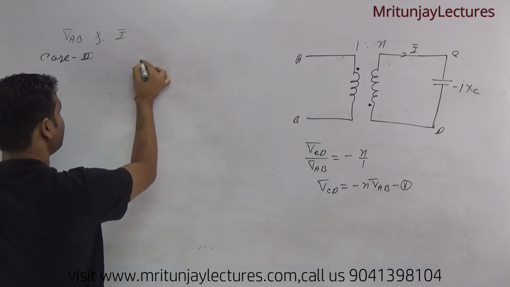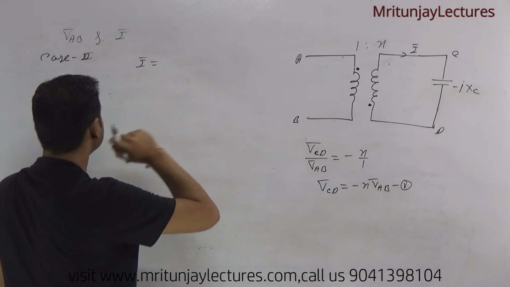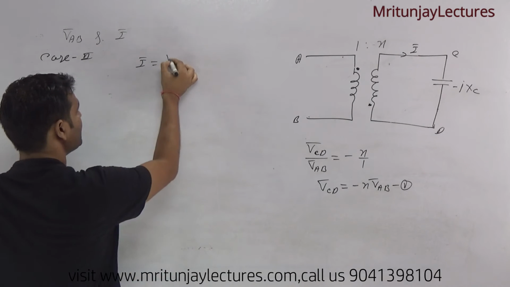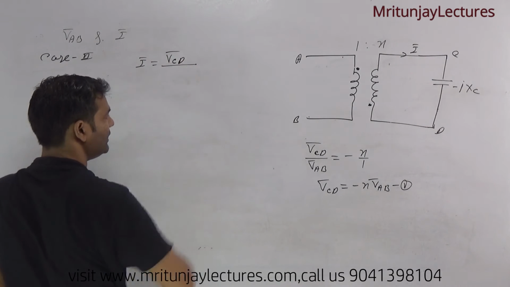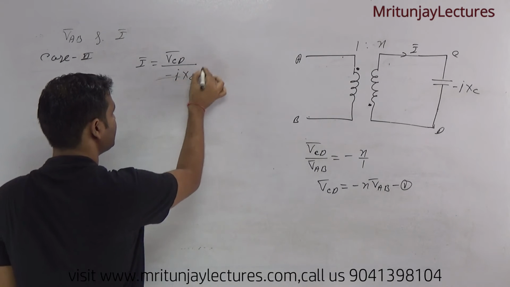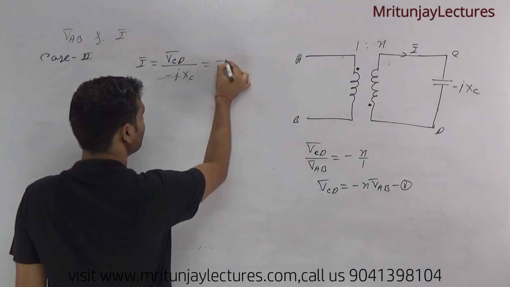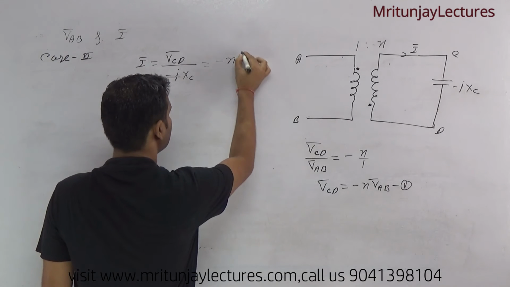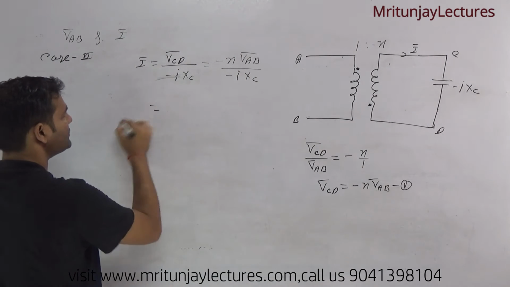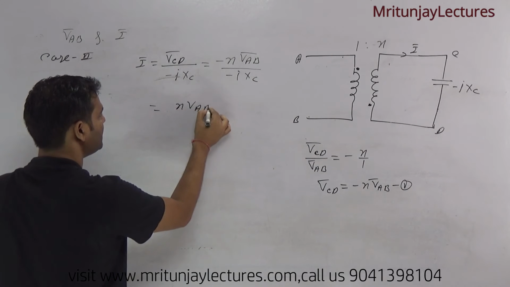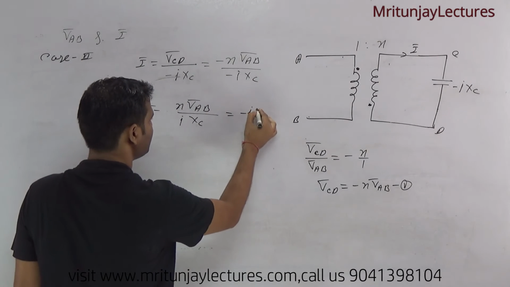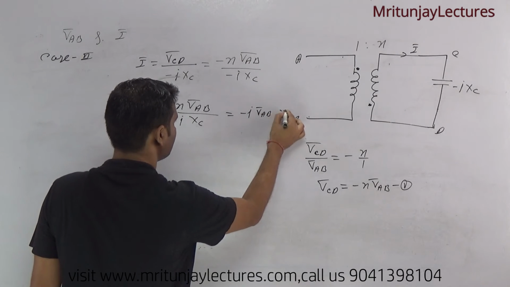Now what about I? This is another question, that's why it is written as case second. V of CD divided by minus jXC. V of CD is minus n V of AB divided by minus jXC, so n V of AB divided by jXC, which is written as minus j V of AB into n divided by XC, that is I.